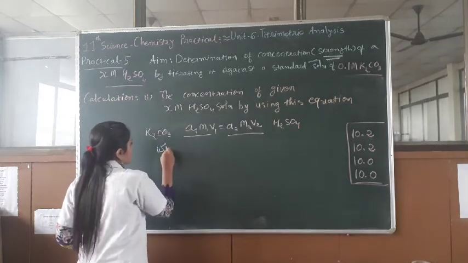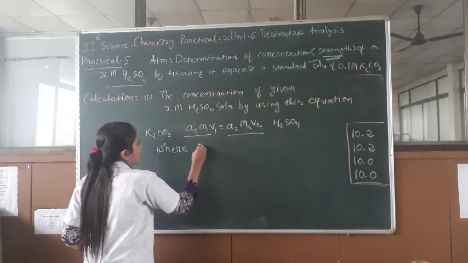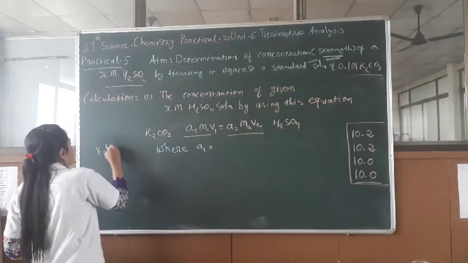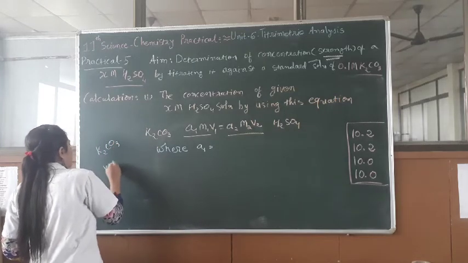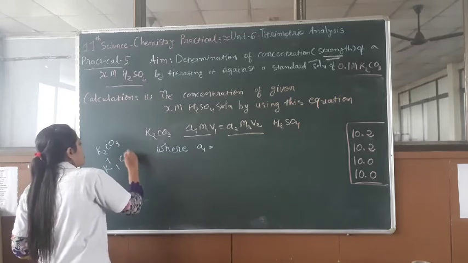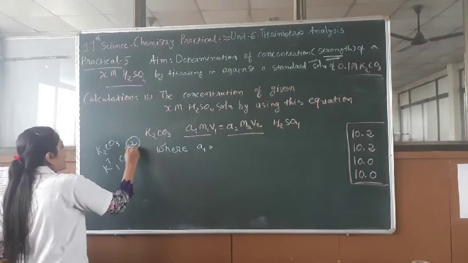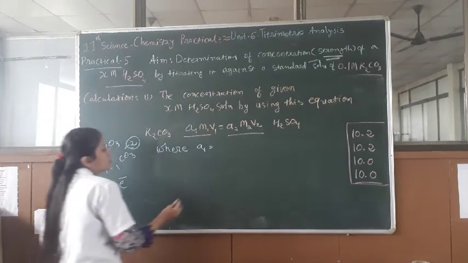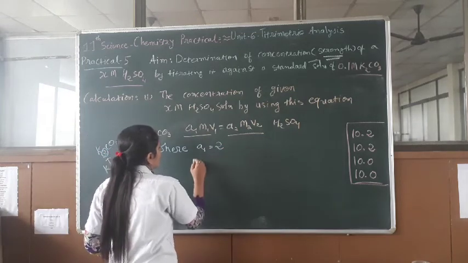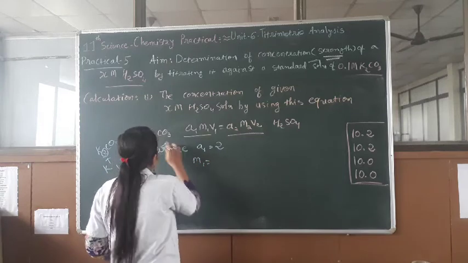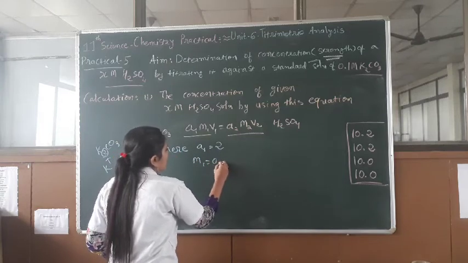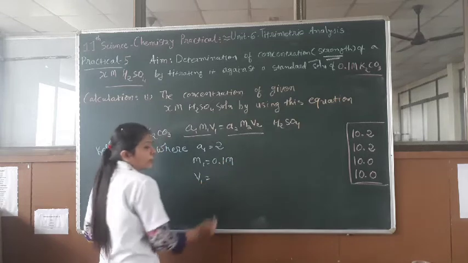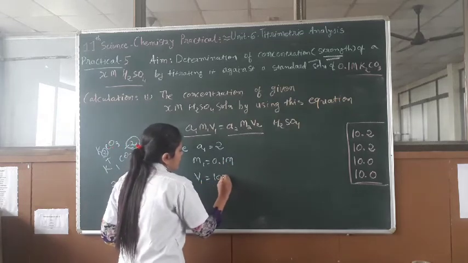Where A1 is for K2CO3: K plus and CO3 minus 2, for balance K2, that means 2 electrons. So we can write A1 is equal to 2. M1 for K2CO3 is 0.1 molar. V1, the pipette solution, is 10 ml.